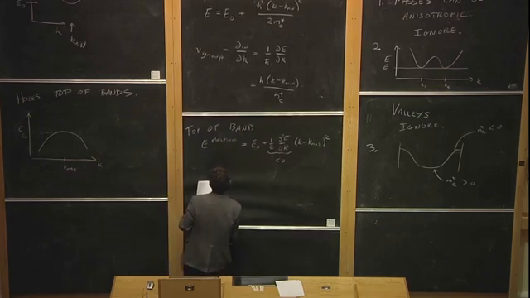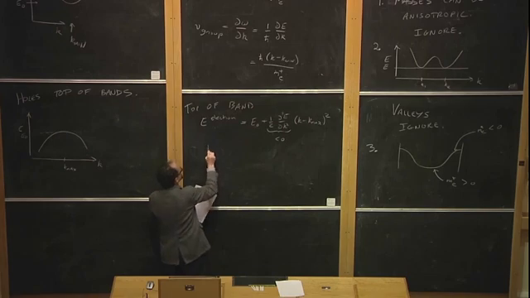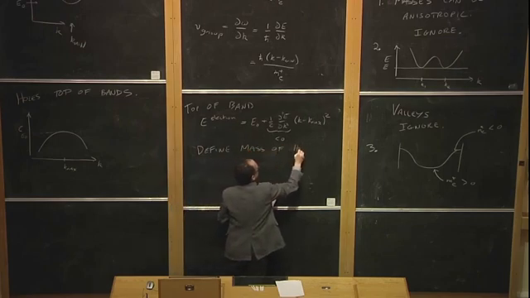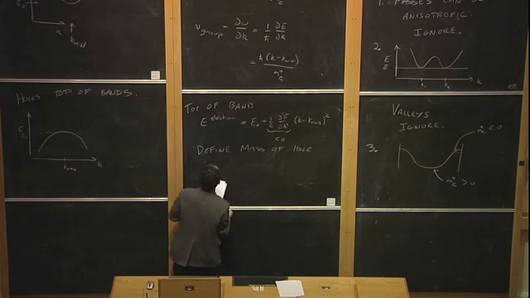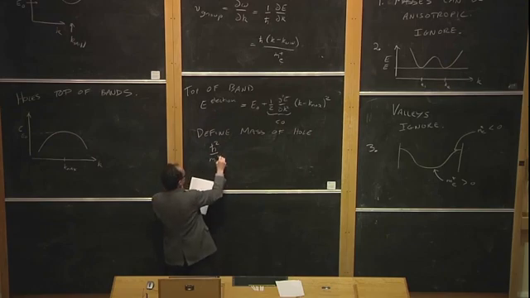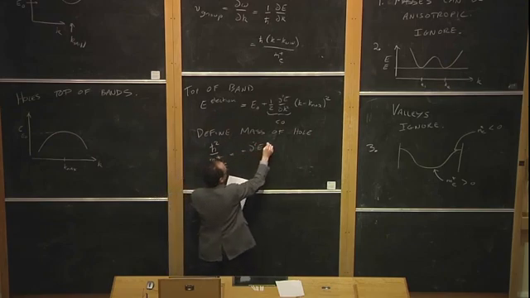So here, what we're going to do to make our life a little bit simpler is to define a mass of a hole. Define the mass of the hole to be h bar squared over m hole star is minus d squared E for the electron, dk squared.